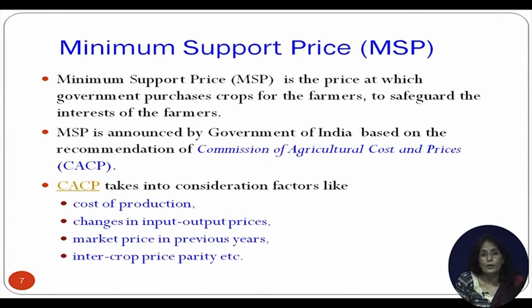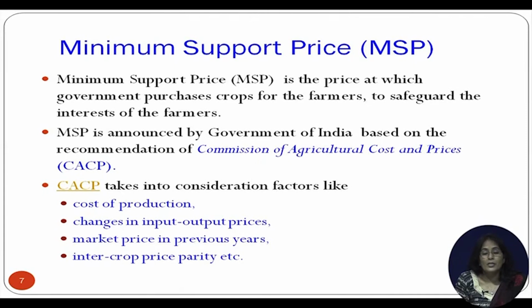Before a crop year, this minimum support price is announced by the Government of India, so that the farmers get to know what minimum support price they are going to get, and accordingly they will start taking the farming decisions.